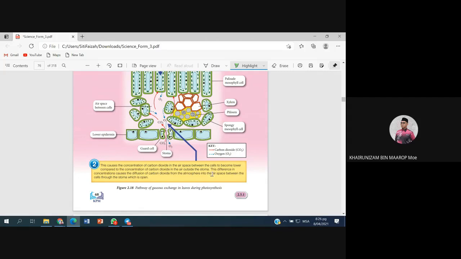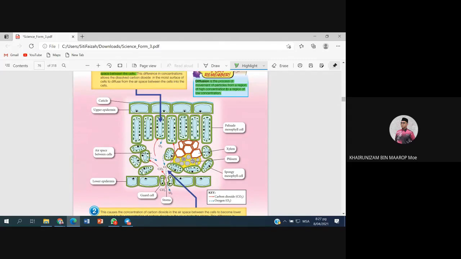Okay, so the difference in concentration causes the diffusion of carbon dioxide from the atmosphere into the airspace between the cells through the stoma, which is open. During the day, the stoma is open.